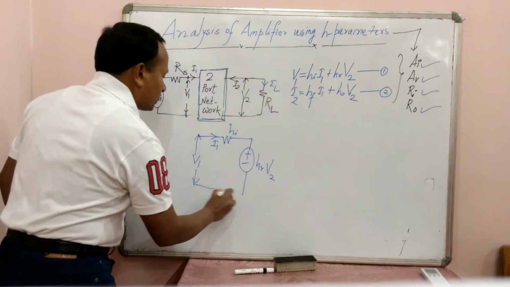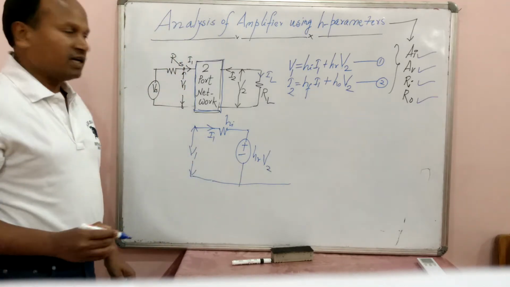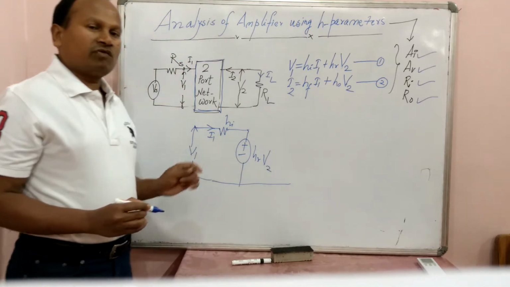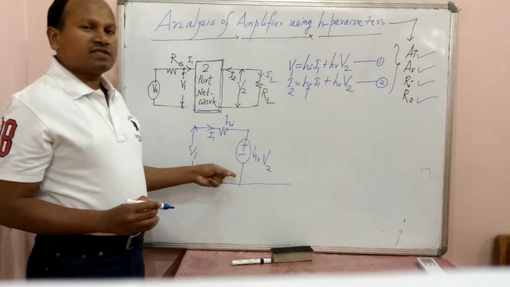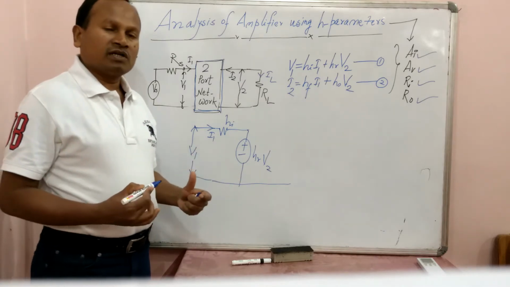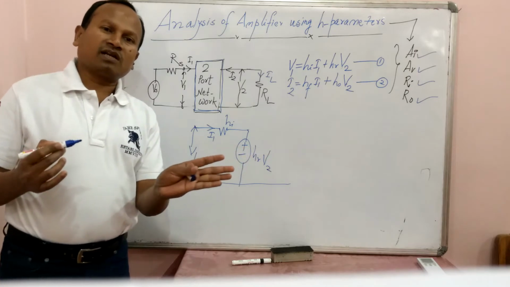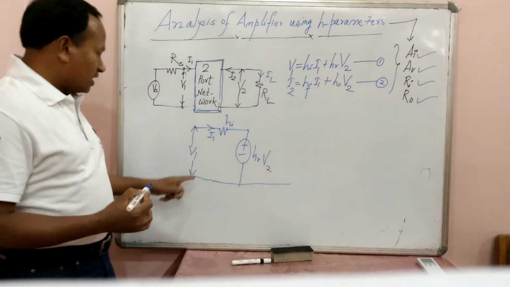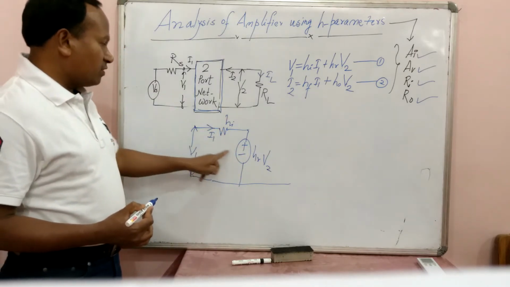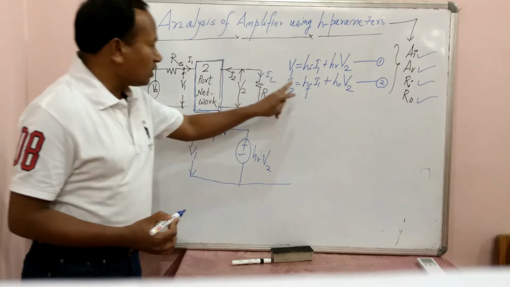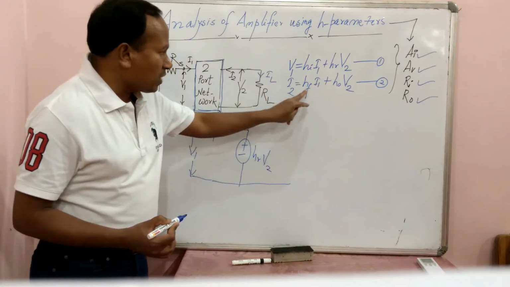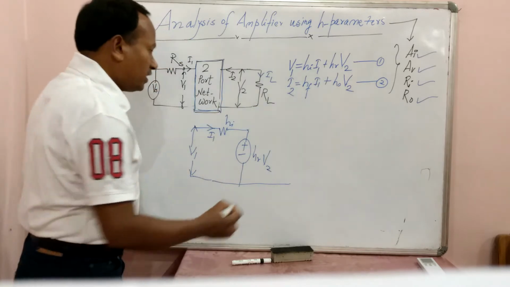So the equivalent circuit is a very simple concept in analog circuit. In all electronic circuit analysis, when we understand how to draw the equivalent circuit, half of the analysis is over. So the input voltage is the sum of H_I I1 plus H_R V2. What is I2? I2 is divided into two parts, H_F I1 plus H_O V2.